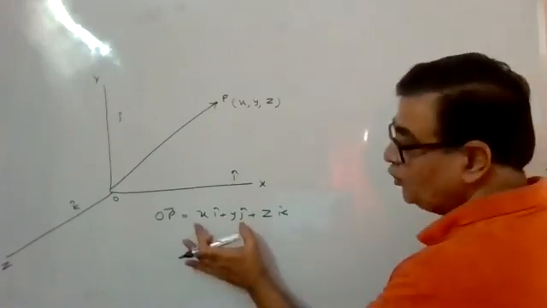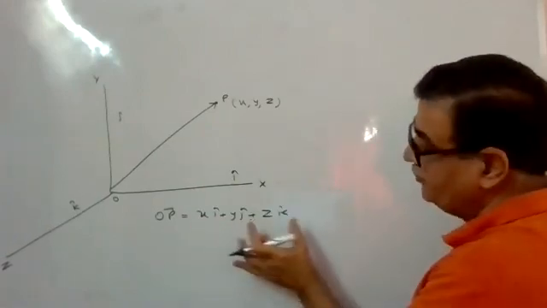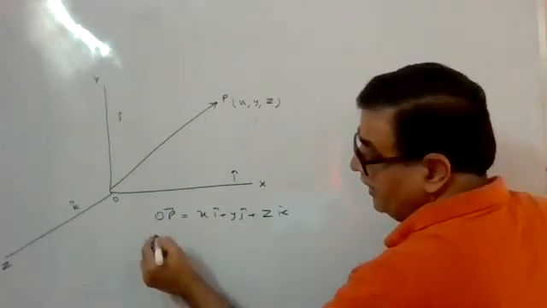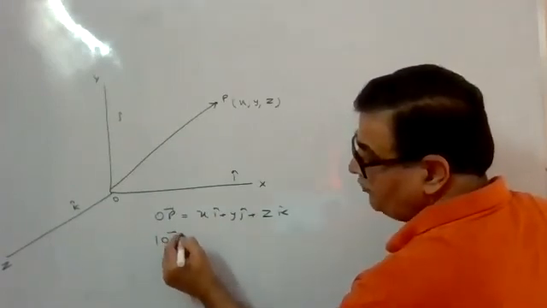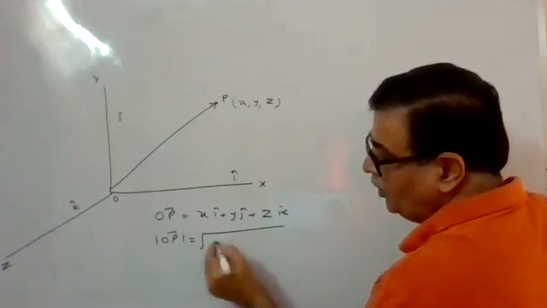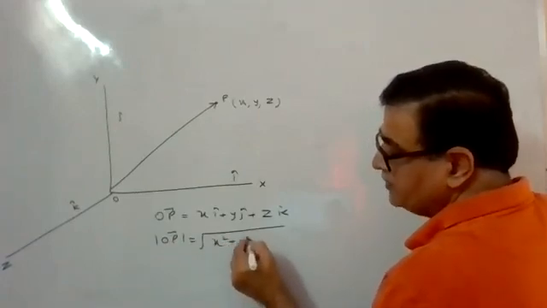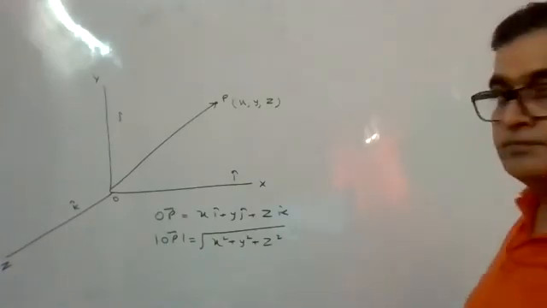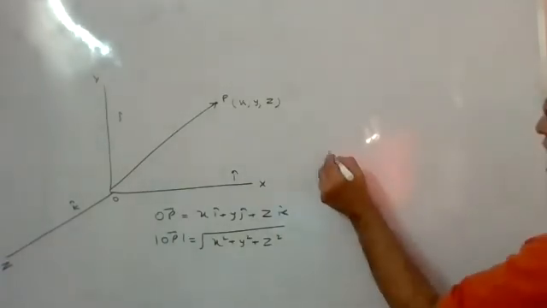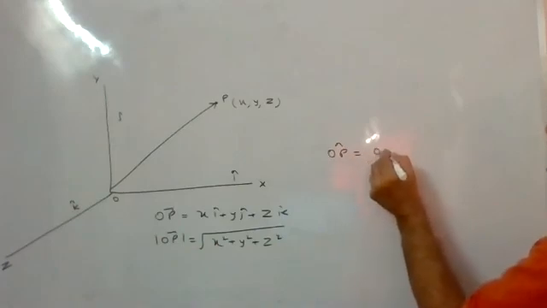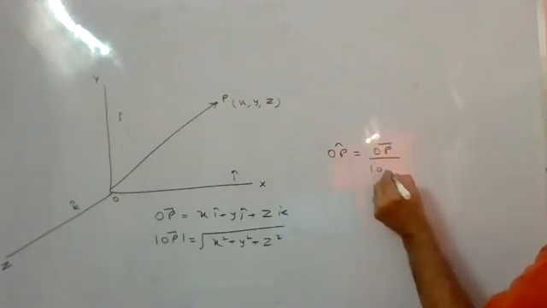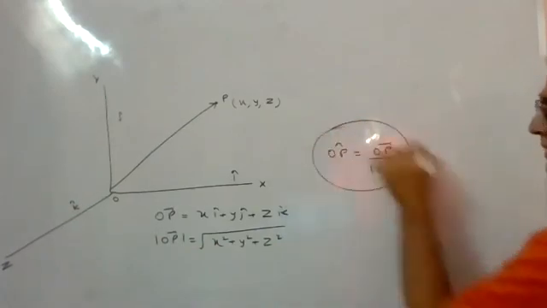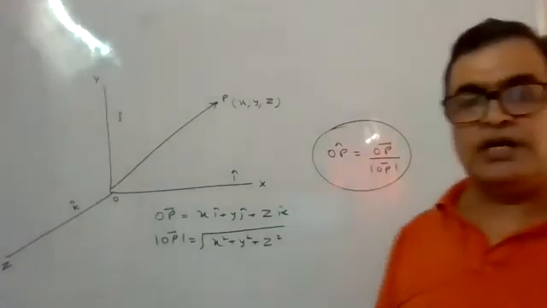Till now we were having two dimensional, so xi plus yj. Now this is plus zk. And then when you take the modulus of this, it will come out to be under root of x square plus y square plus z square. And same way you can go for unit vector, that is vector divided by its magnitude. ये आपका थ्री डायमेंशन पे भी यही वर्क होगा, ये आपको करना है.